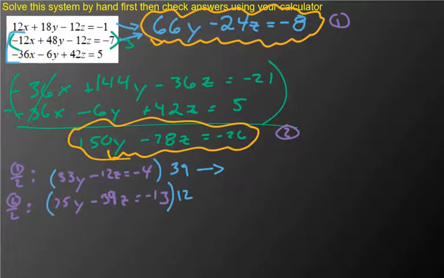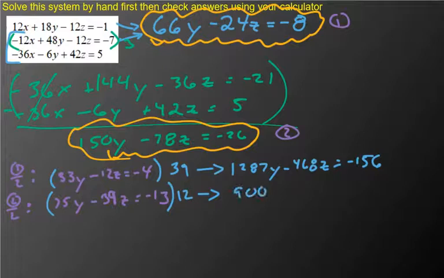And then I would get 1,287y minus 468z equals negative 156. And if you multiply this one by 12, you get 900y minus 468z, and then you get negative 156.